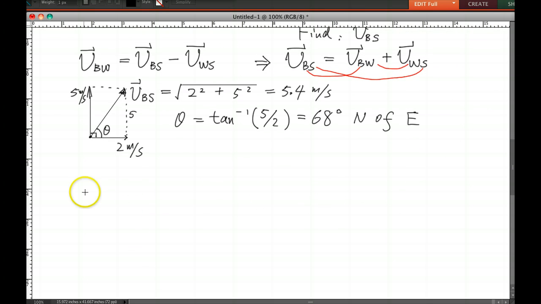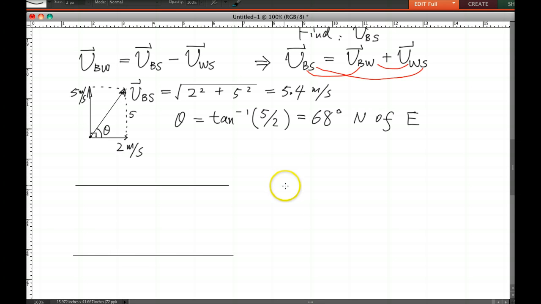Let's explain the situation. So this is another type of question. I can let you think about it. Okay, so if you want to cross the river, so if that's your boat, your boat is here. If you want to cross directly over the river, and you already know the water is moving this way, right?